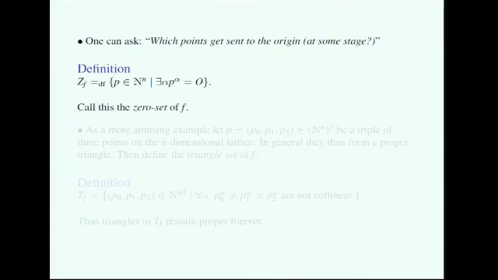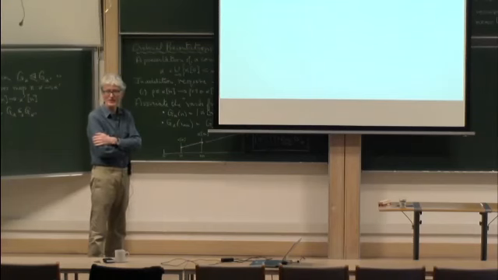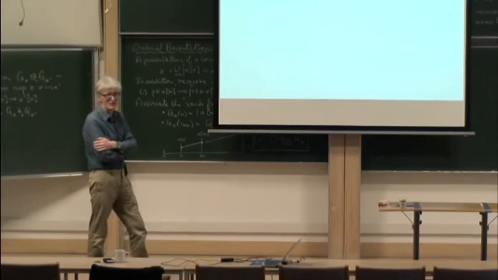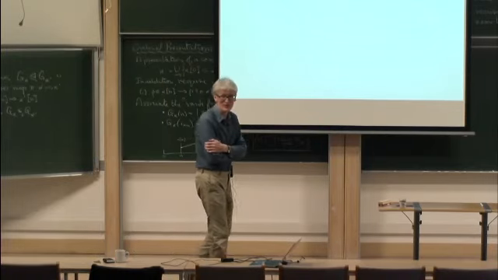The 0 set, I called it here. Look at the points in N to the n. After some alpha many stages, however many this is, the point gets sent to the origin. So just call this the 0 set.